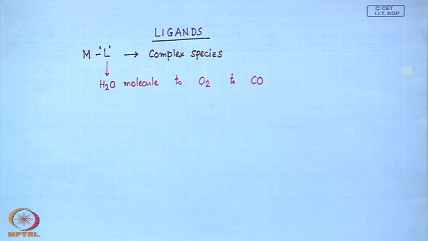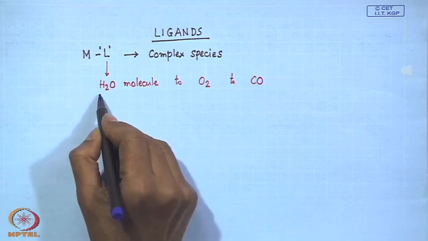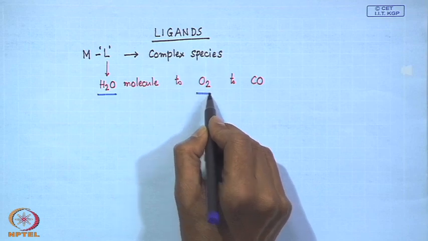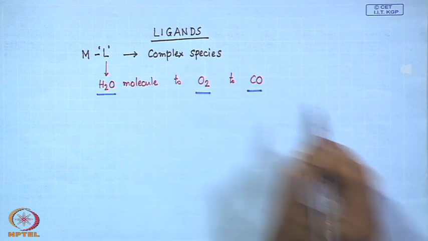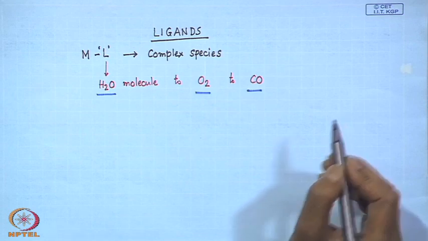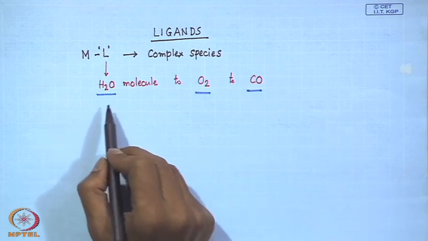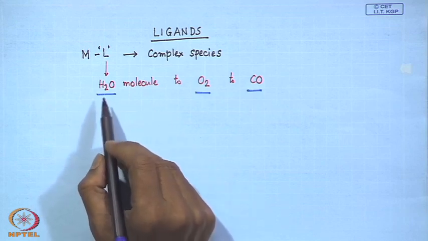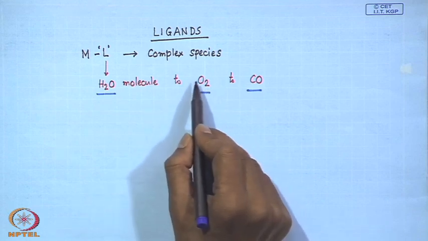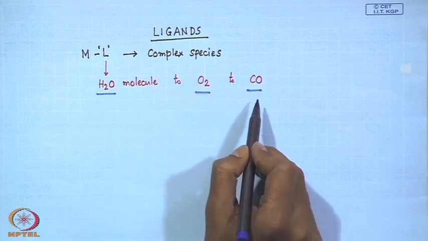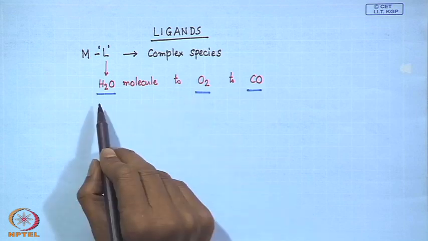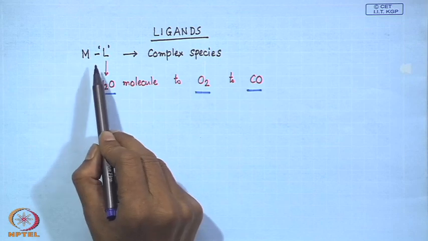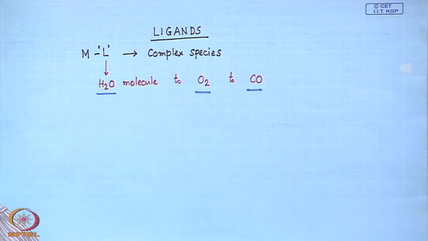So, if we talk about the interaction of the water molecule, the dioxygen molecule or the CO molecule with the metal center, and if they interact with the metal center and can modify the properties of the metal center as well as their own properties, then we can consider that these species are behaving as a ligand when they are surrounding the typical metal species.